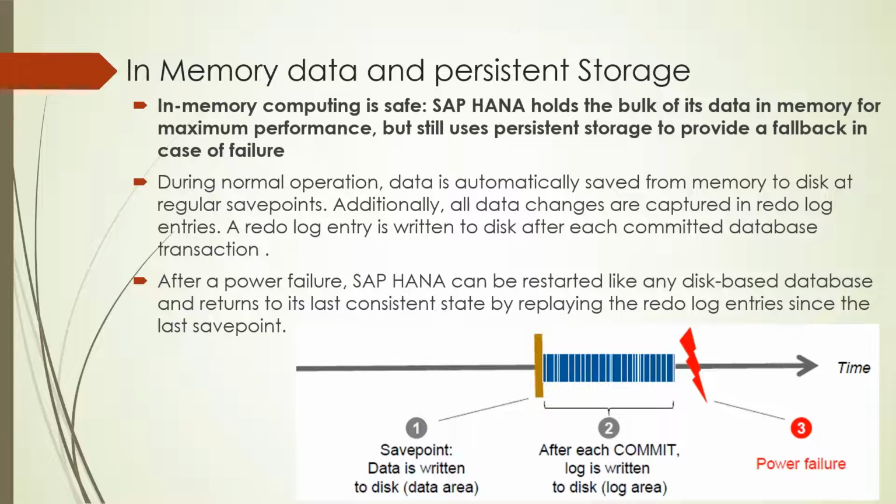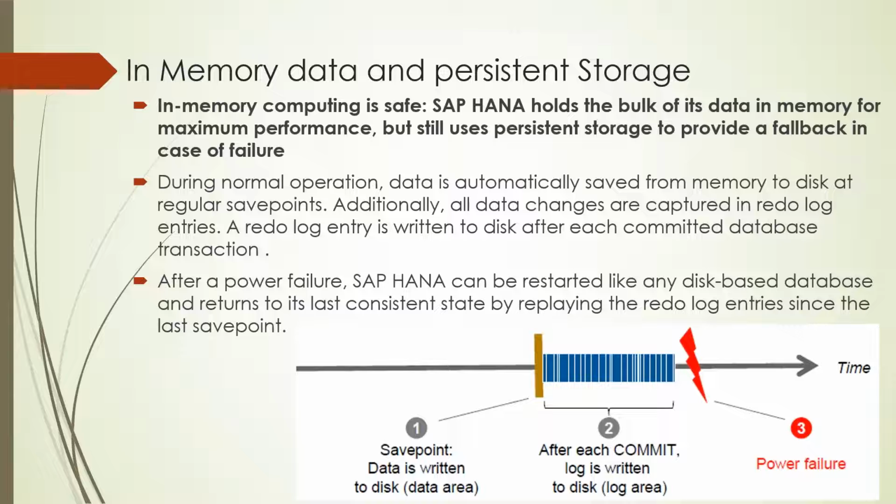We already covered how data from memory is synced to persistent storage using the savepoint. Regularly a savepoint is executed, and whatever data is changed in memory is written to the disk, copied to persistent storage. So persistent storage is required in case of hardware or power failure.